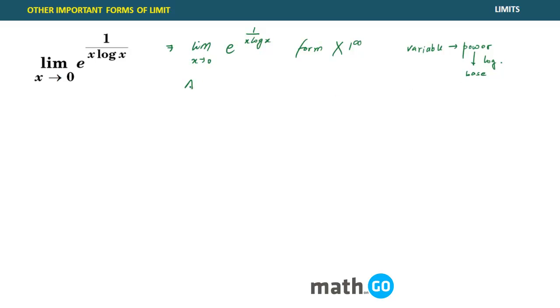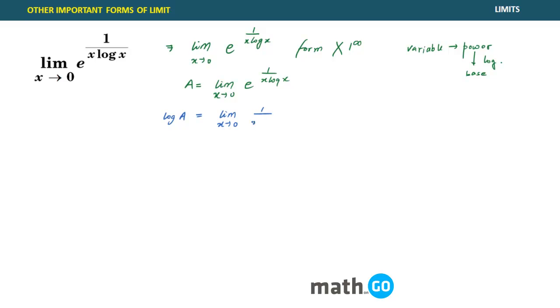So let's say the answer to this particular limit will come out to be a. That is my assumption, that this limit is equal to a. And what I will do now, I'll take log on both sides. So I'll take log a. The variable of limit still remains the same, that's not a problem.